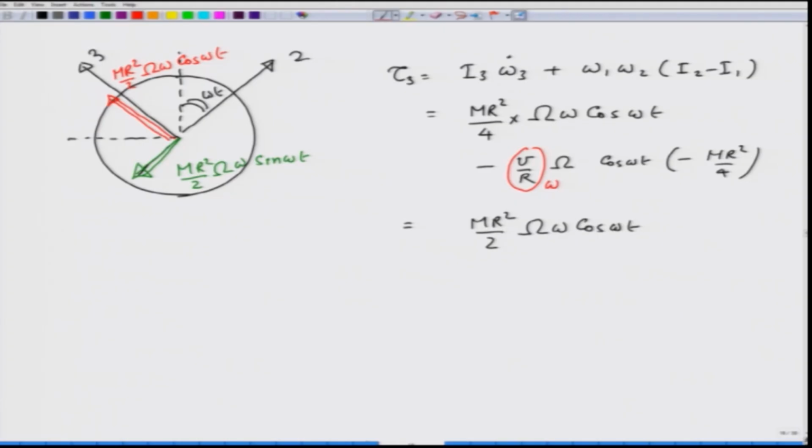So, net torque is a combination of these two, and that is very easy to calculate.